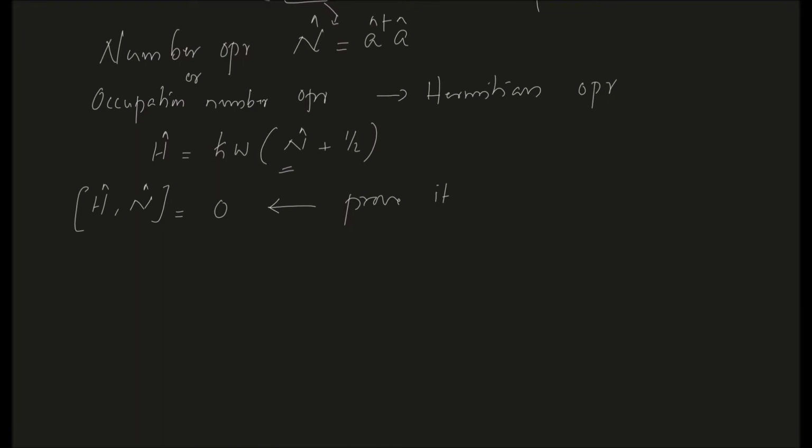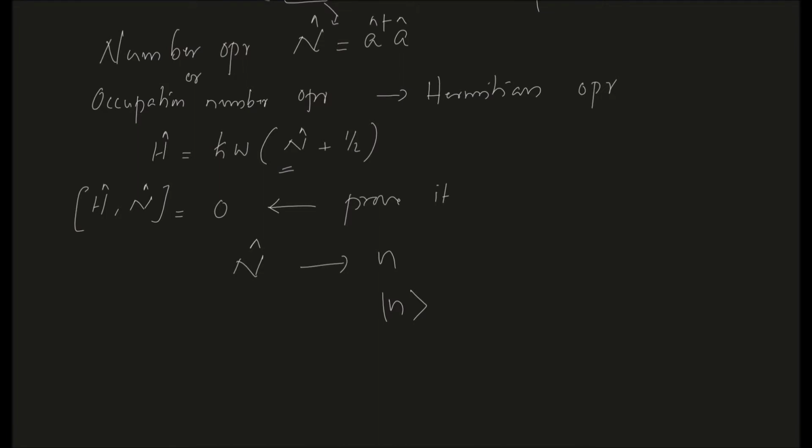So because of this, H and N have a complete common set of eigenstates. Those things we have seen in the previous semester, that commuting operators have a common set of eigenstates. Thus the eigenvalues of capital N we denote by small n. These are good quantum numbers for the harmonic oscillator, and we will use them to label the common eigenstate, the ket n.